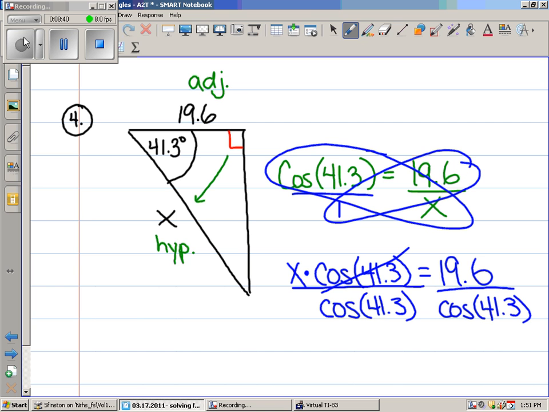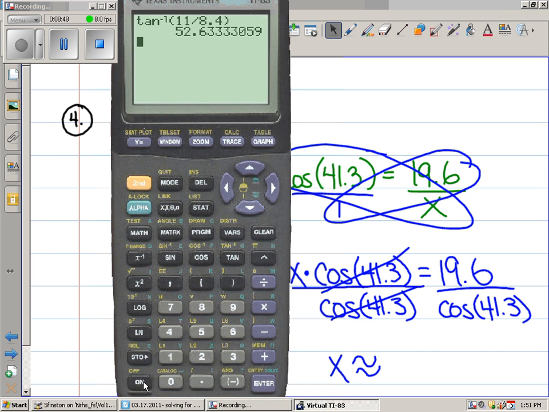These reduce, and you're just going to be left with x is approximately 19.6 divided by the cosine of 41.3, which is 26.1 to the nearest tenth.